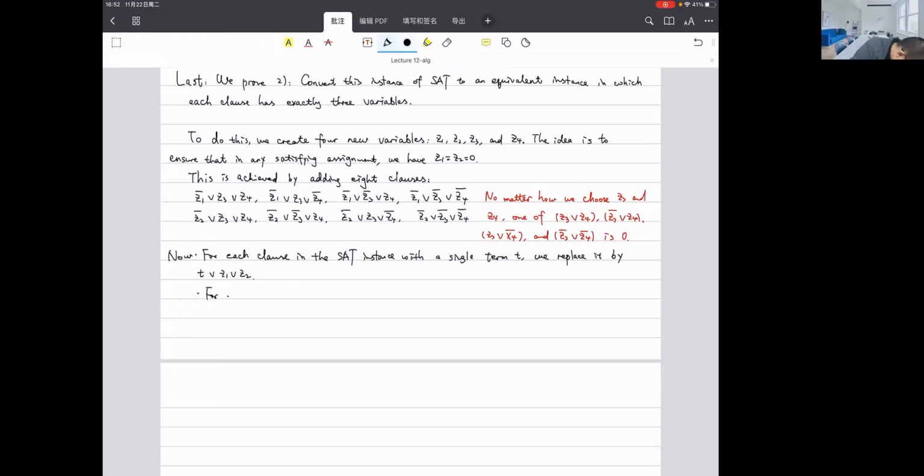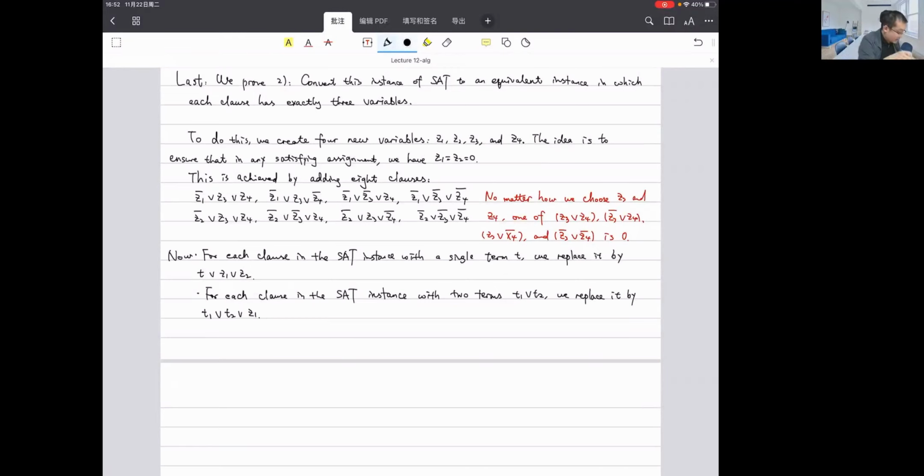And furthermore, for each clause in the SAT instance with 2 terms, let's say T1 or T2, we replace it by T1 or T2 or Z1 or Z2, whatever. This is not so important.